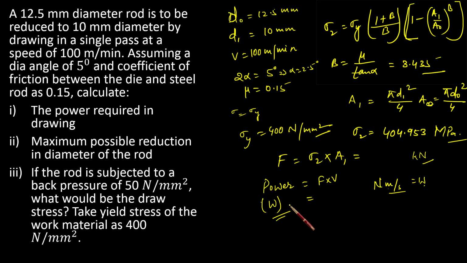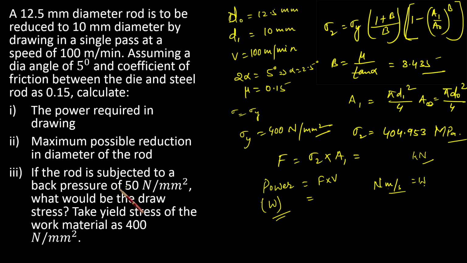So for maximum possible reduction, sigma 2 should be sigma y. Some back pressure is applied, subjected to back pressure of 50 Newton.